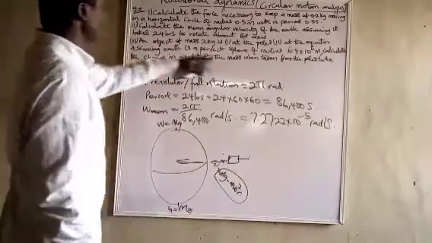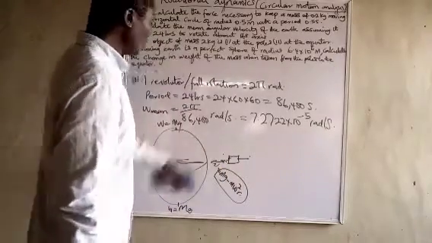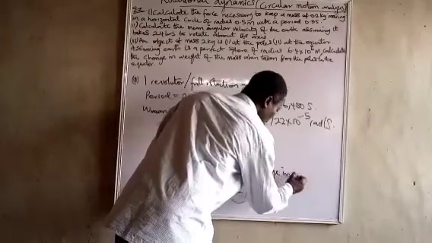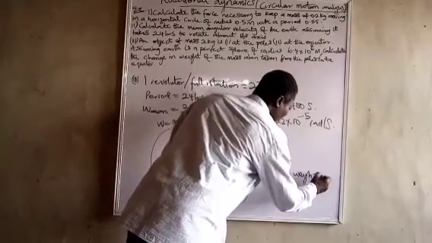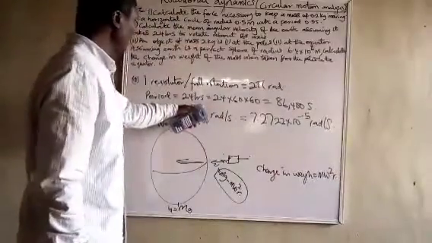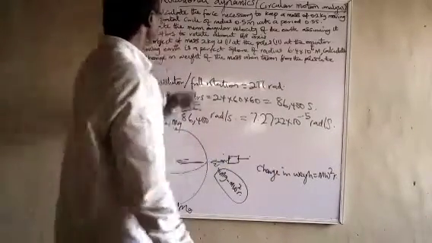And we are asked the change in weight. So change in weight is actually m omega squared r. And we have gotten our omega here. We know our m, we have been given 2.